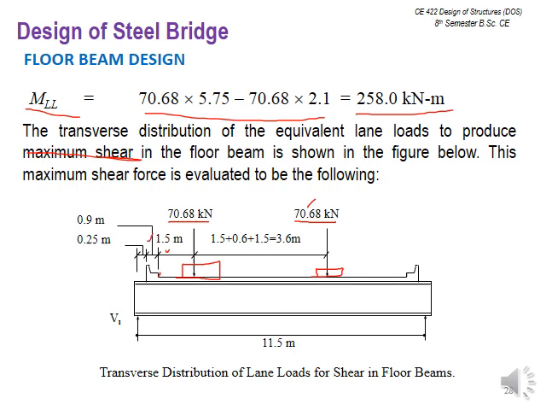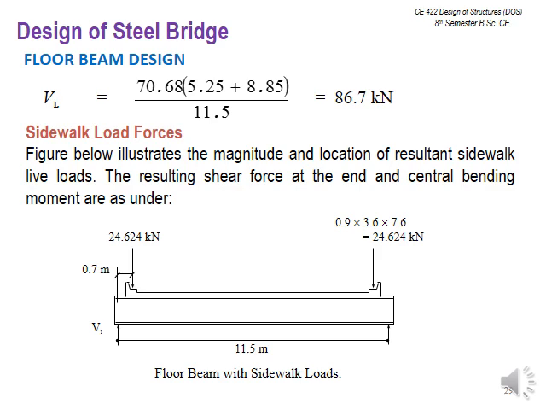The rest will be 0.9 and 0.25, and if a plate girder is used, I have told you it should be 0.35 or 0.40. In this way the in-between distance will be 3.6 meters. So shear you can calculate by yourself.